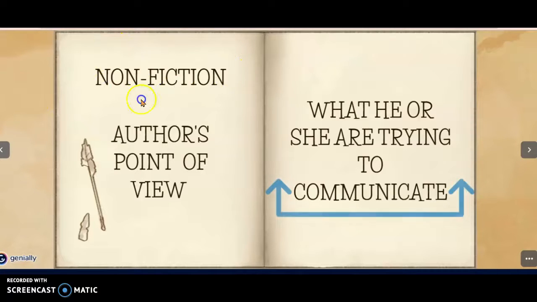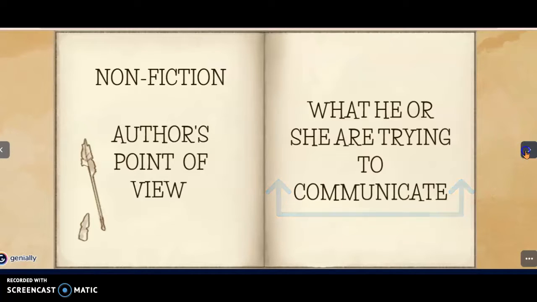When we have non-fiction books or stories, we're going to identify the author's point of view. This is what this lesson is about, determining this. But what is the author's point of view? It is what he or she is trying to communicate, what they want us to understand, in easy words.